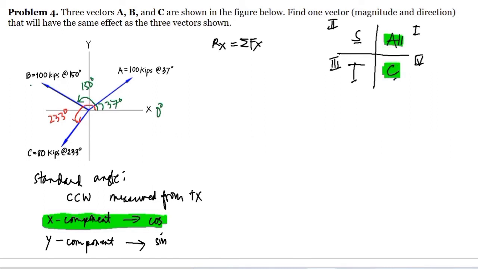So, if standard angle yung ginagamit natin, meaning, if I am going to say that Rx is equal to our vector A, that's 100 cosine 37, plus vector B, that's 100 cosine 150. Plus yung ginamit ko dito. And then, plus the vector C, that's 80 cosine 233 degrees.